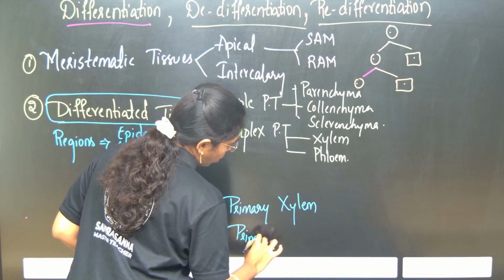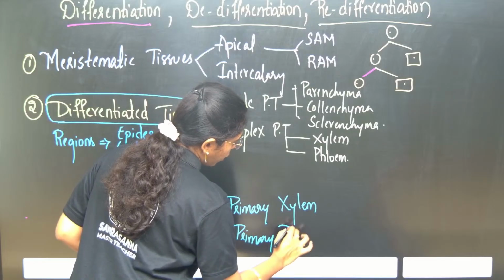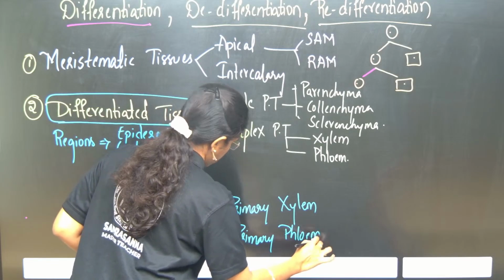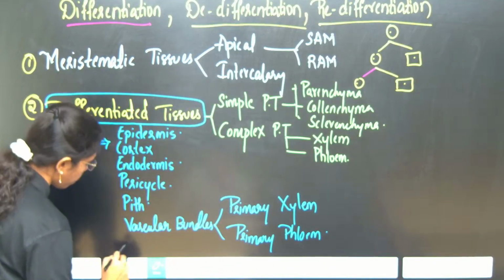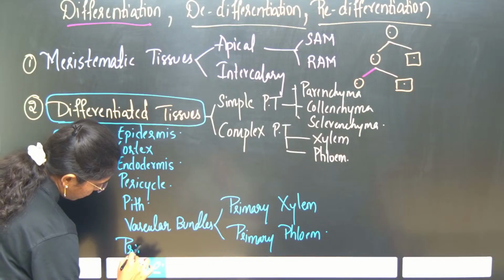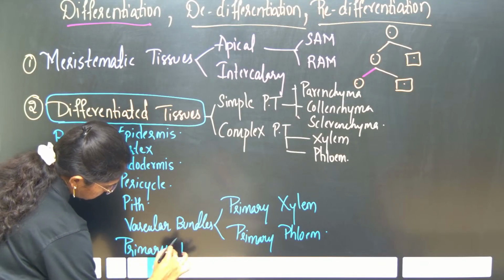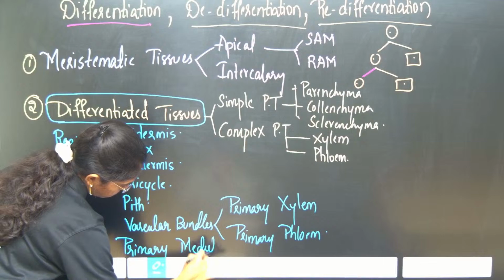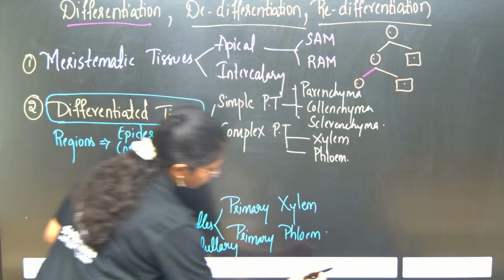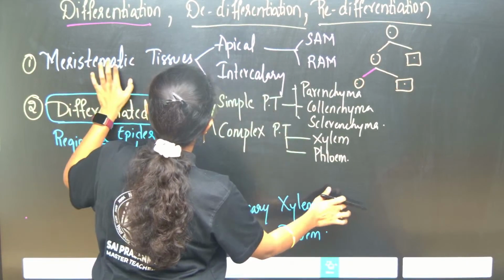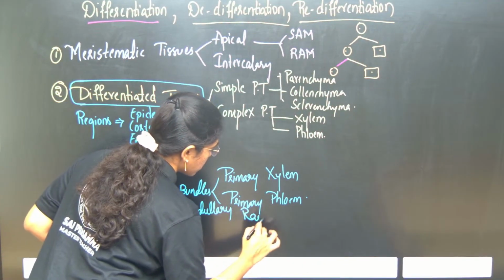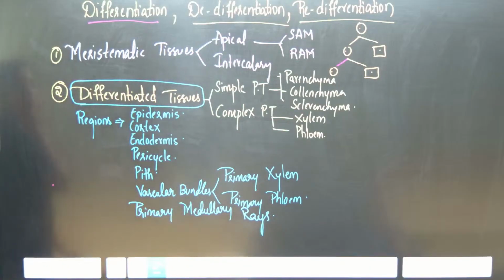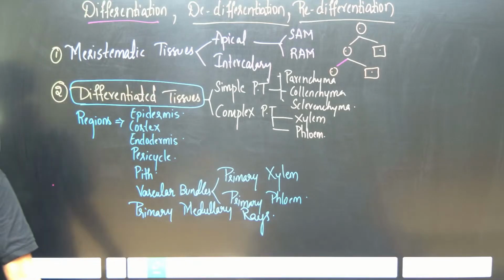If you also want to add on, you can also add on primary medullary rays as differentiated tissues. Clear? These are the differentiated tissues and differentiated regions in the plant.